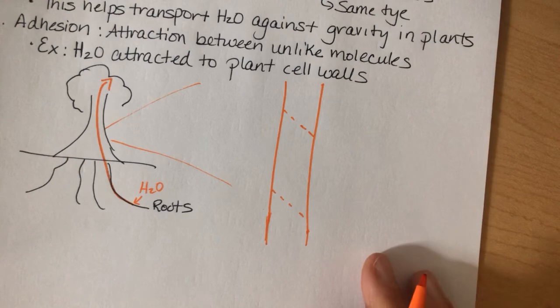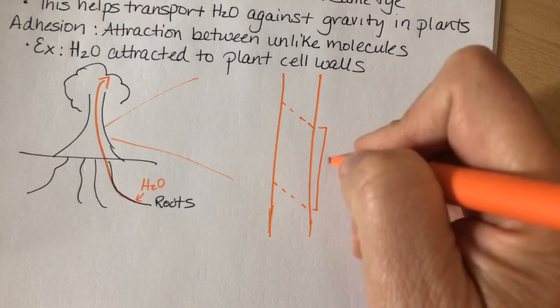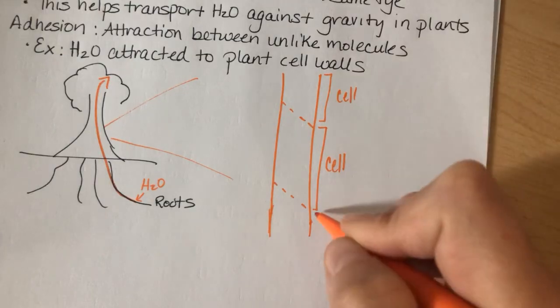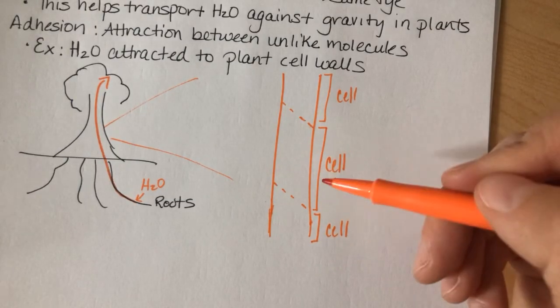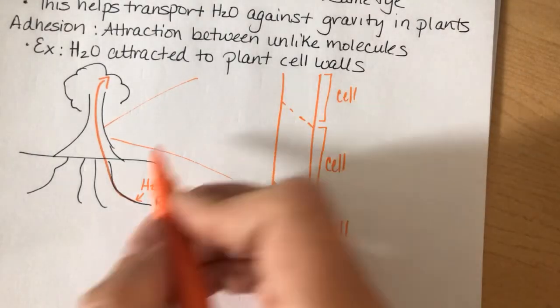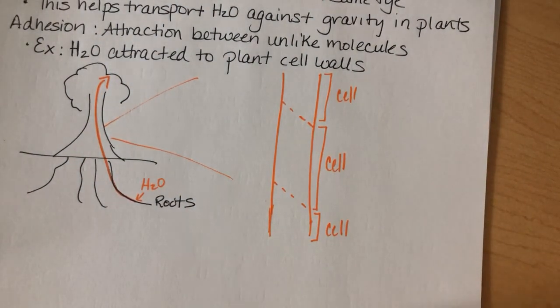This is one cell right here, and this is a cell right here. So you've got this whole system of cells, and water is coming from your roots and has to travel up this. You can have a 50-foot tree, so it's a really big deal to get the water up there.